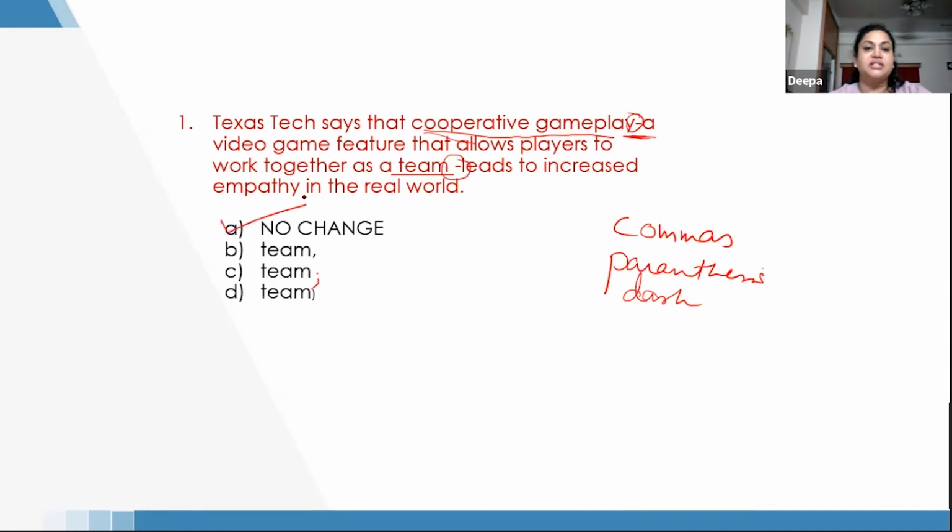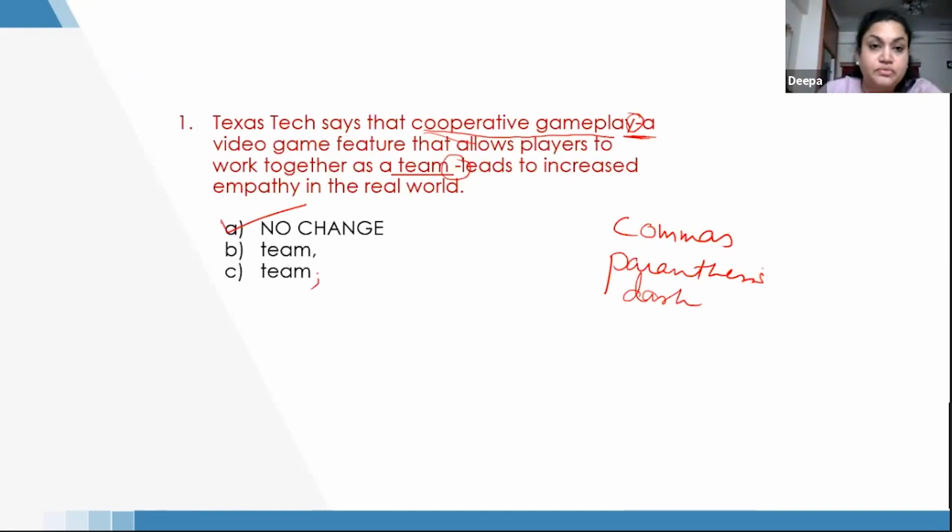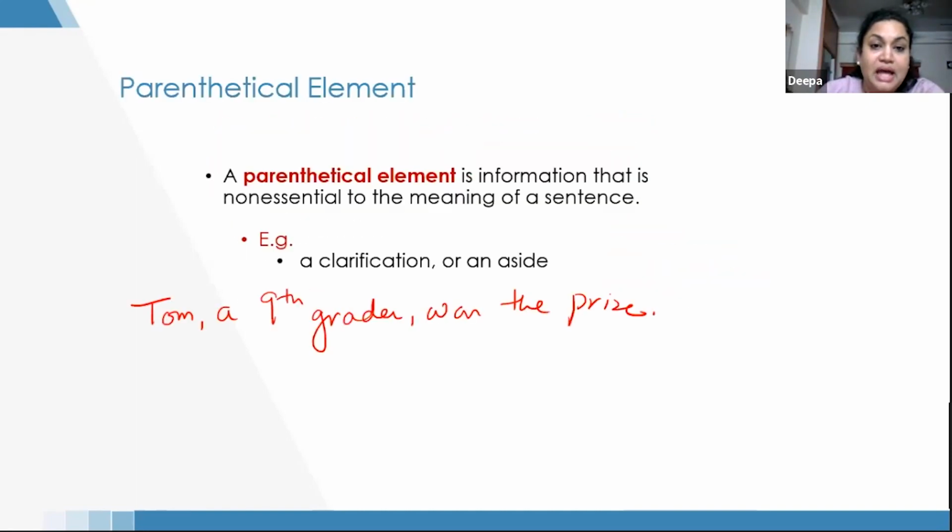Therefore no change is the right answer. The best feature about this parenthetical element is that even if I remove this, the sentence will still make sense.